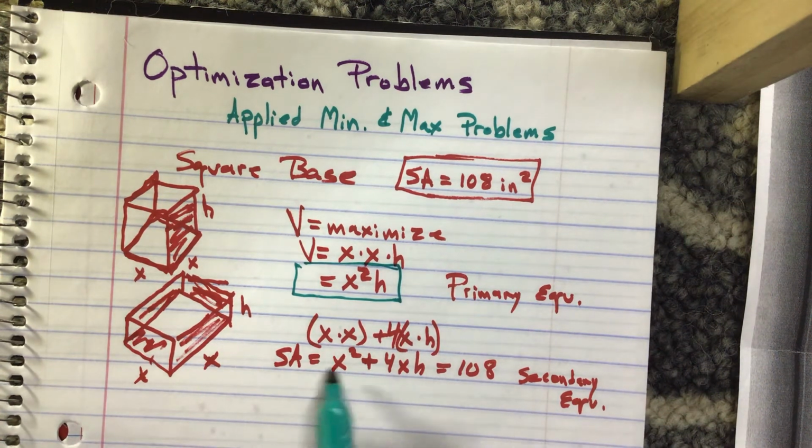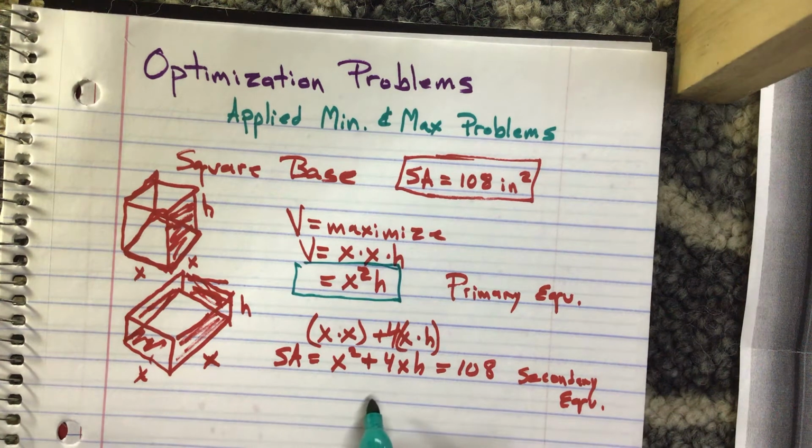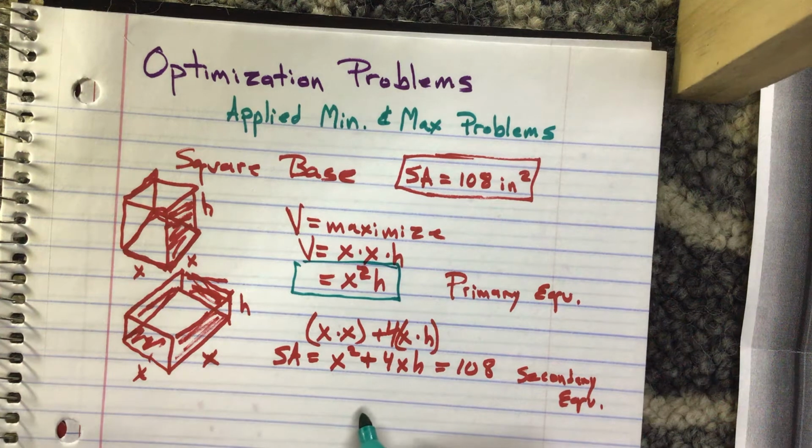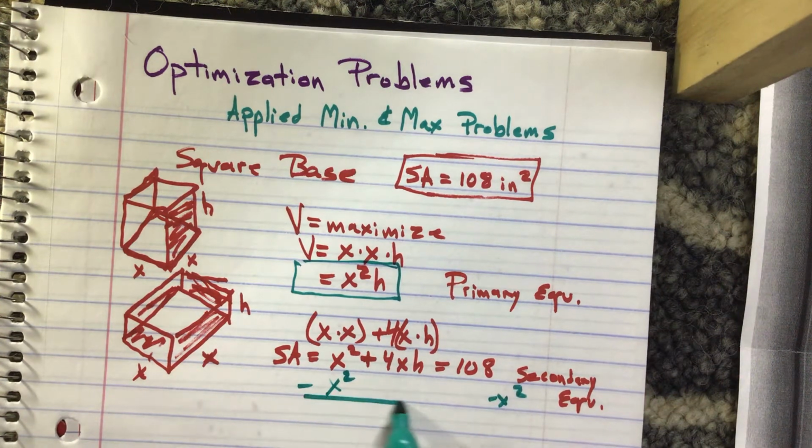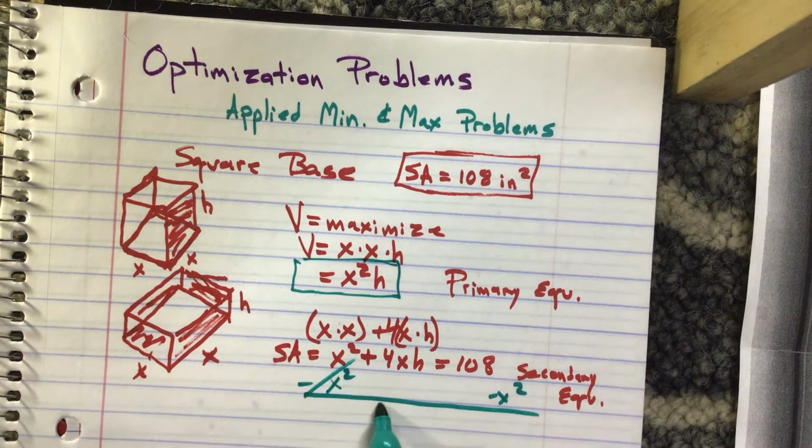So solving this for h, I'll subtract x squared from both sides. 4xh equals 108 minus x squared, and then divide both sides by 4x.